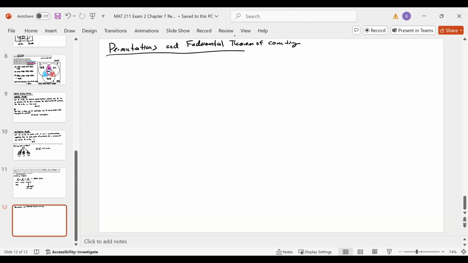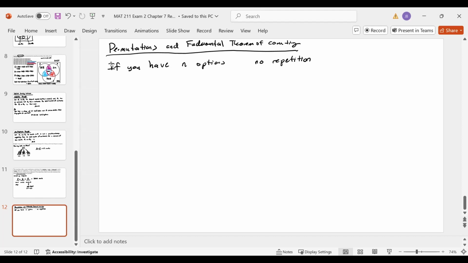The fundamental theorem of counting, honestly, is just the multiplication rule. We can go further than that, right? So if you have n options and no repetition, okay? So you have n options and no repetition.